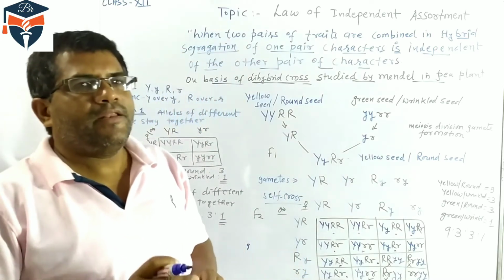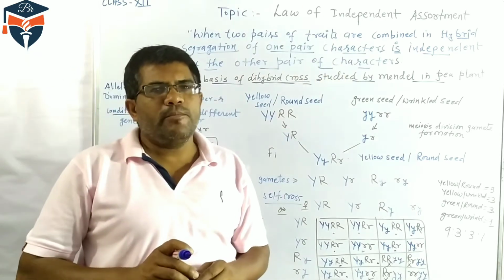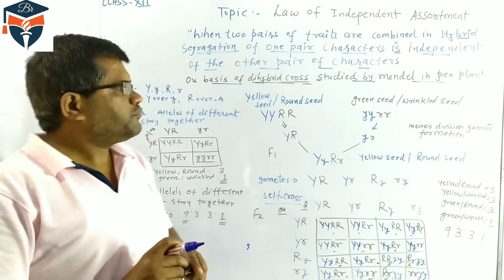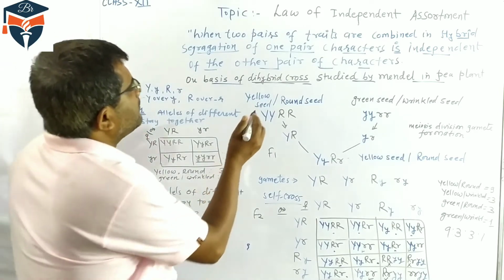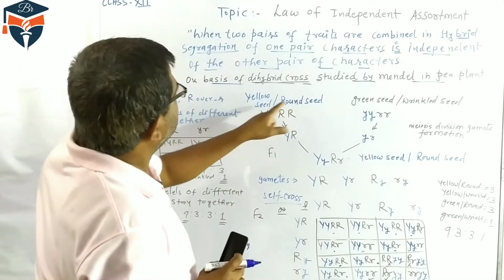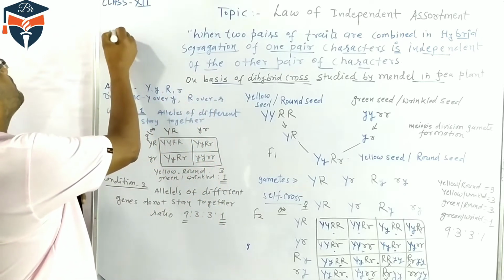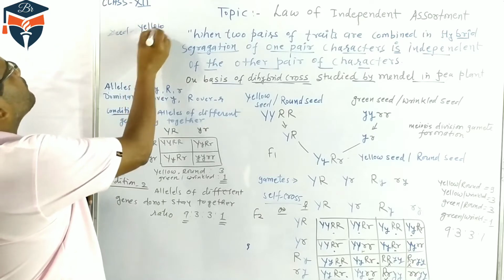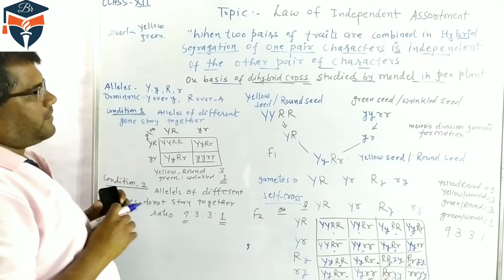To explain this law of independent assortment, we have to look at this example. Students, first we should understand that in seed color, yellow is the dominant character and green color of seed is the recessive character.